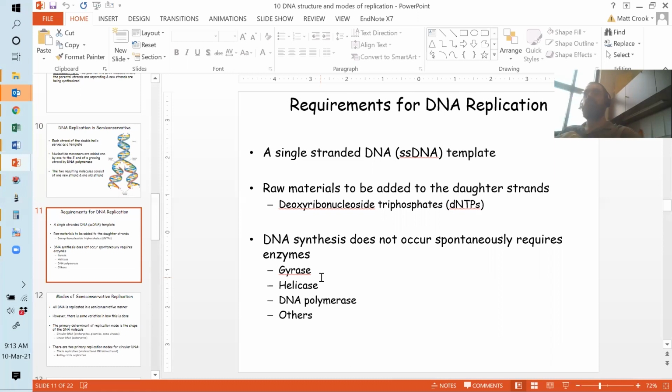We're going to need lots of different enzymes to do them, and these are the names of some of these. Some of these names vary from prokaryotes to eukaryotes. So DNA gyrase, for example, is often called topoisomerase in eukaryotes. I'll just put that in the chat.